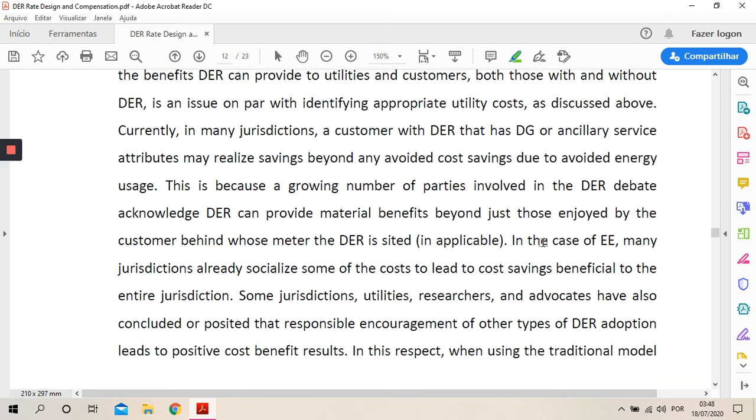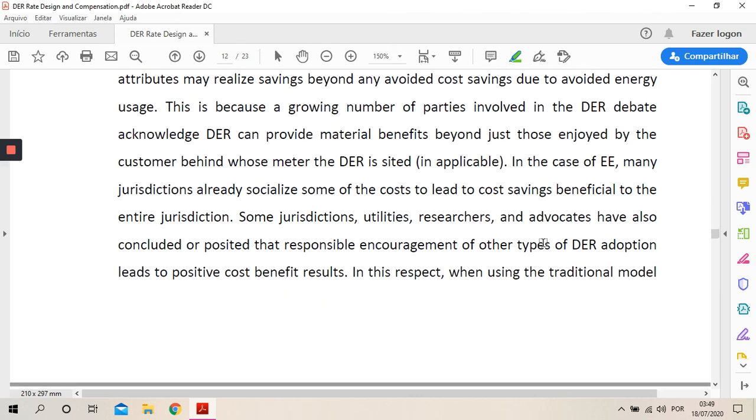in many jurisdictions, a customer with the ER that has DG or ancillary service attributes may realize savings beyond any avoided cost savings due to avoided energy usage. This is because a growing number of parties involved in the DER debate acknowledge DER can provide material benefits beyond use, not just those involved by the customer behind whose meter the DER is sited.